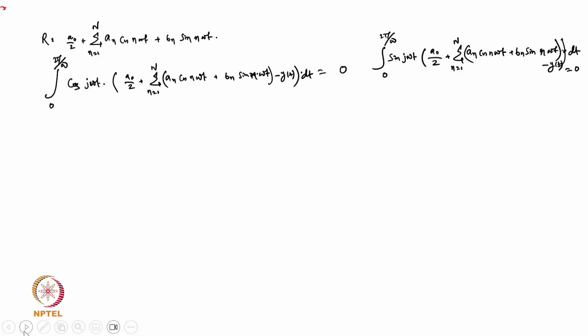Now, the first trick. Suppose I call this equation 1 and this equation 2.